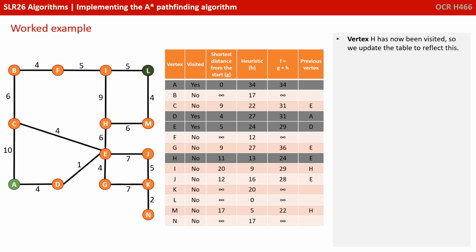H has now been visited, so we update the table to reflect this. We search for an unvisited vertex with the lowest F value, and that's M with an F value of 22. Now it only has a single vertex connected to it which hasn't been visited, and that's L.